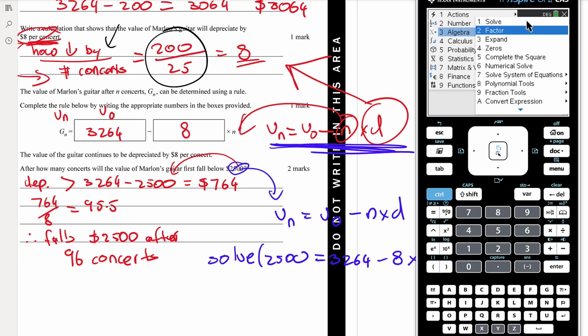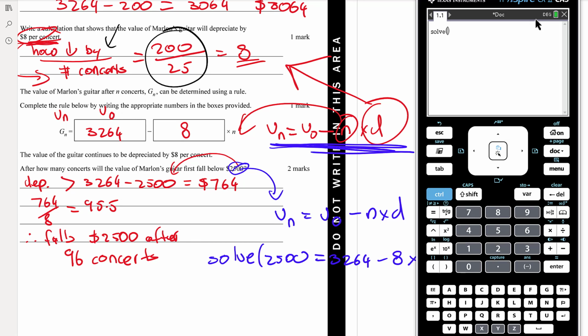If I go algebra, solve, 2,500 equals 3264 minus 8 times n.